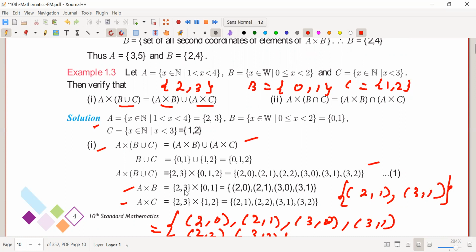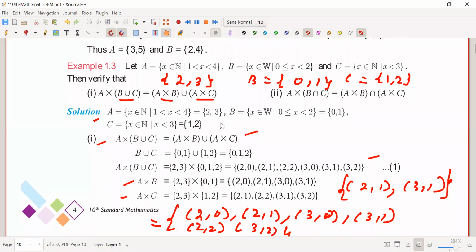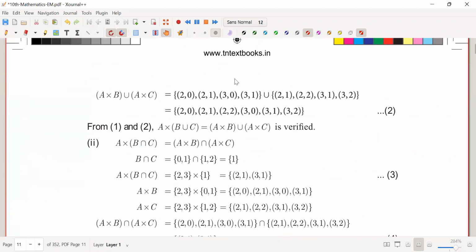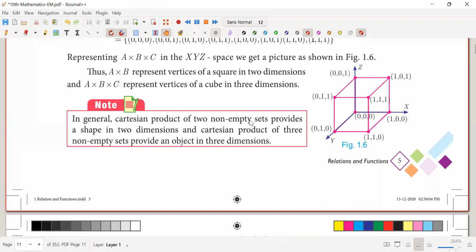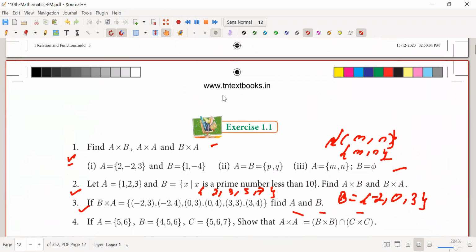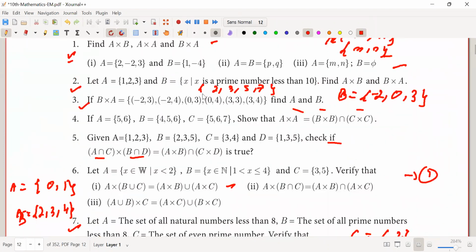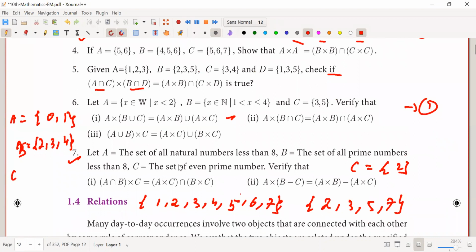These are known as De Morgan's laws for Cartesian products. So this first exercise itself will be a combination of a set of rules and understandings. We can easily answer everything.